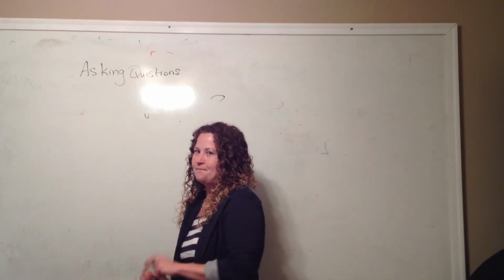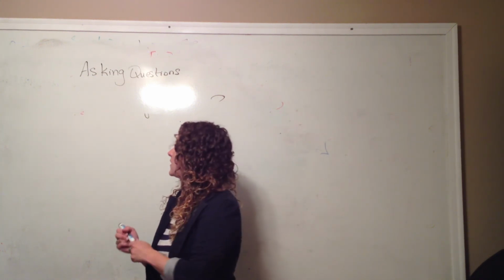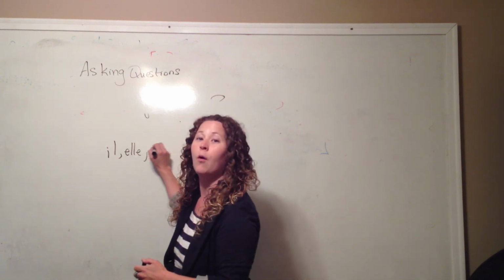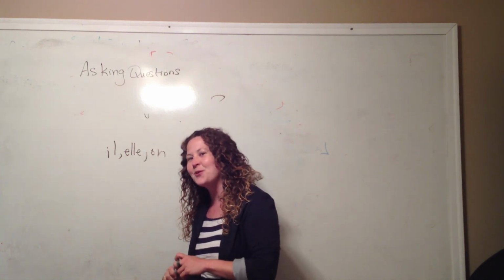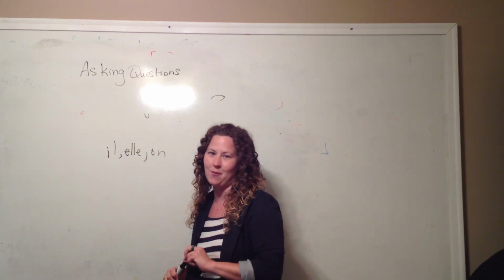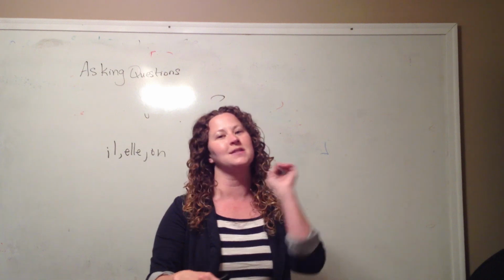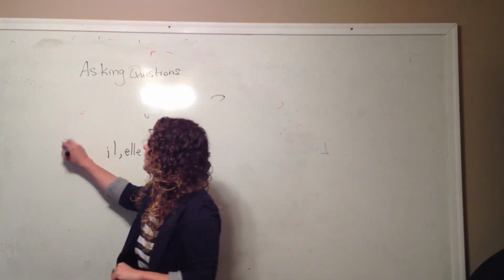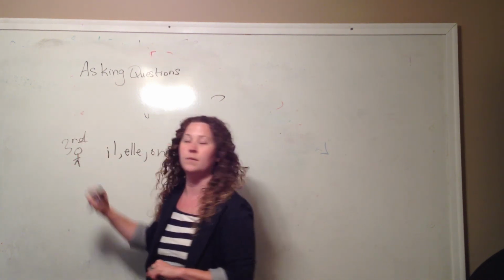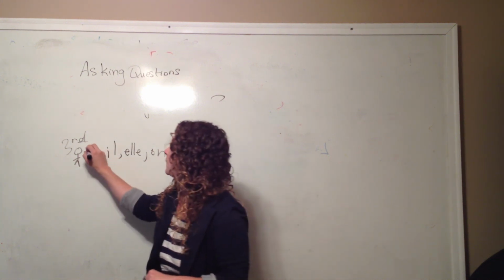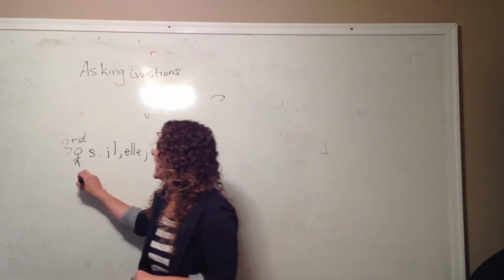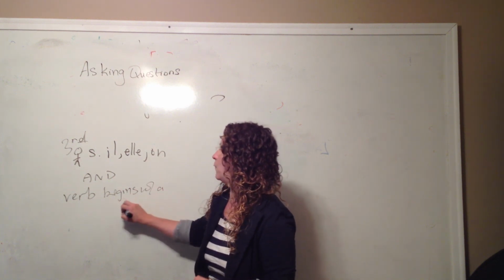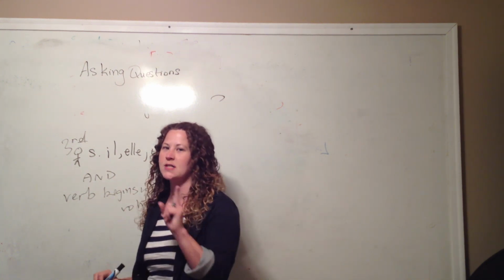When you use inversion, if you're using a third person singular pronoun, il, elle, or on, and your verb begins with a vowel, you can't just put a hyphen there.